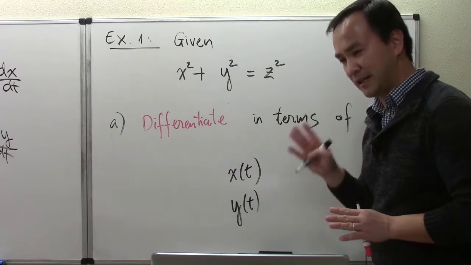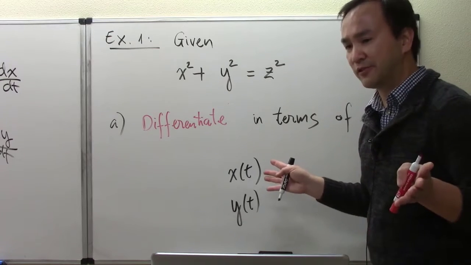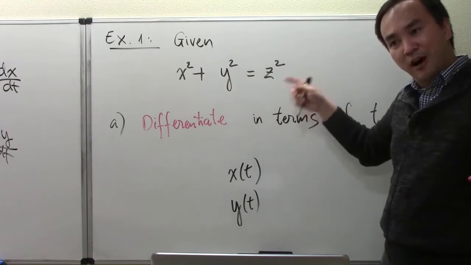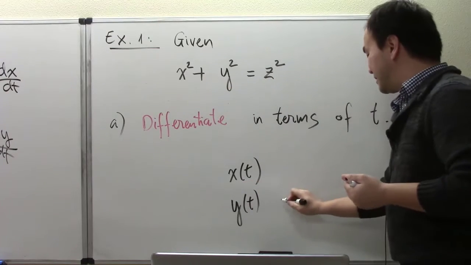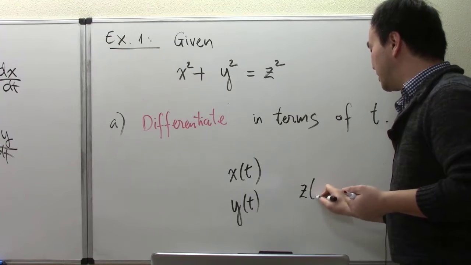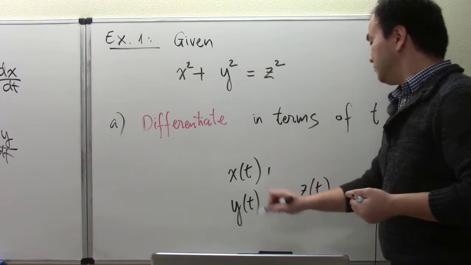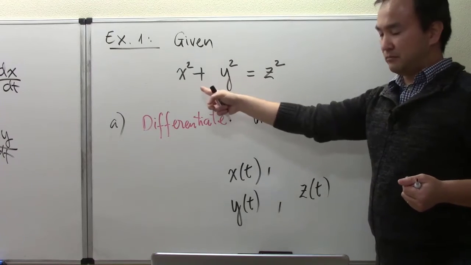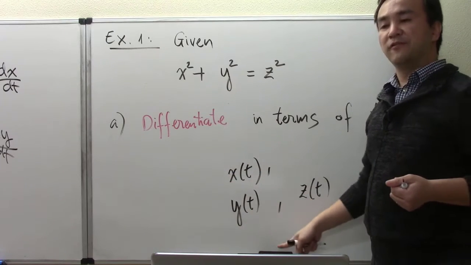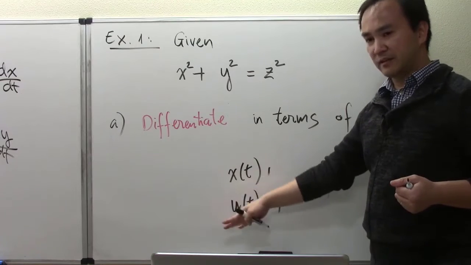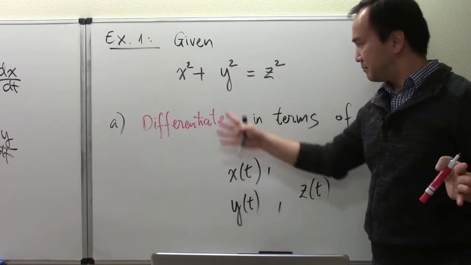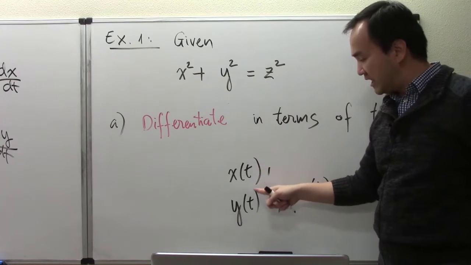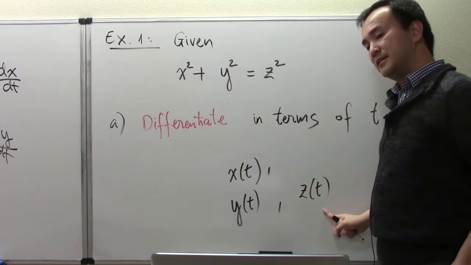We just know it's some function of t, but good luck solving for it, because there's not even a t involved here. And yes, z is also a function of t. Three variables at first, but now they're three separate functions. You can think of them as completely independent from each other. Maybe they are related, but they are three separate functions, and they're all dependent on t.